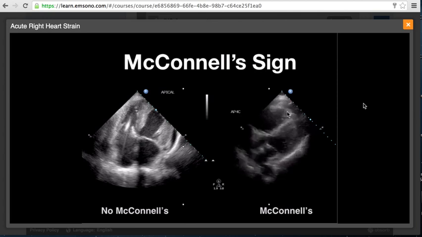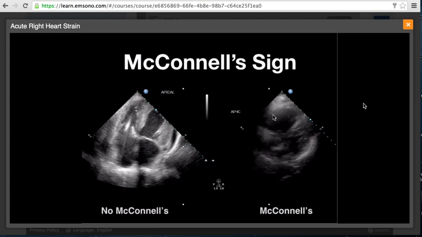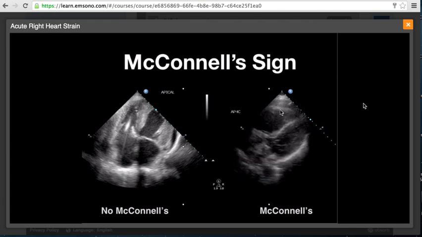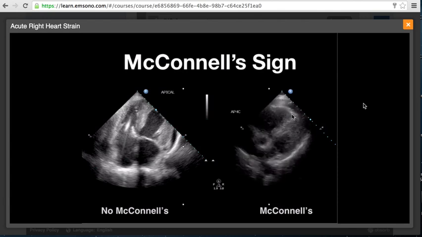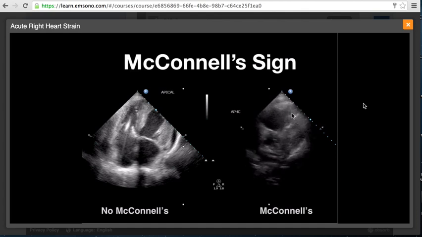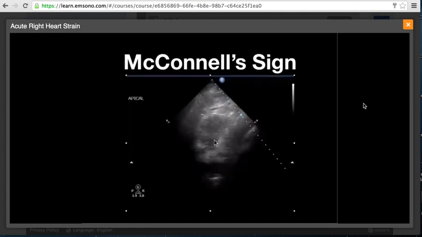Contrast this to, again, a patient with a central pulmonary embolism and acute right heart strain. An akinetic free wall and a normal or even hyperdynamic apex of the RV. This is McConnell's sign. Here's another patient with a large pulmonary embolism.